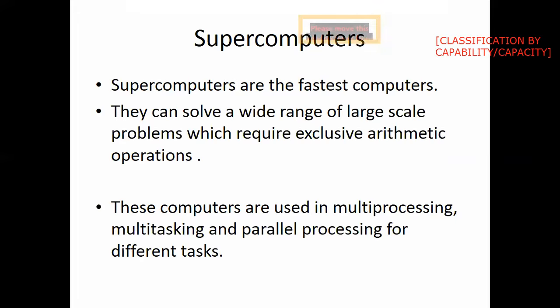Imagine the kind of computers that are used, for example, at Facebook or Google. At a particular time, there could be thousands of users accessing the same computer. So it requires a larger capacity for them to be able to handle that traffic. So that's classification of computers in terms of capability.